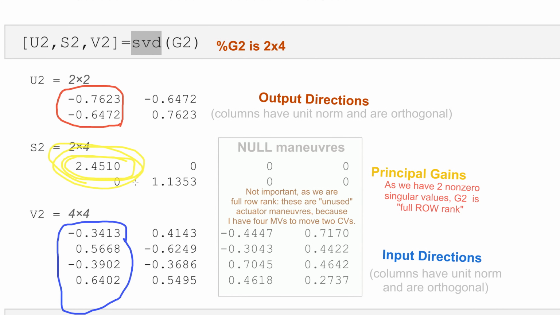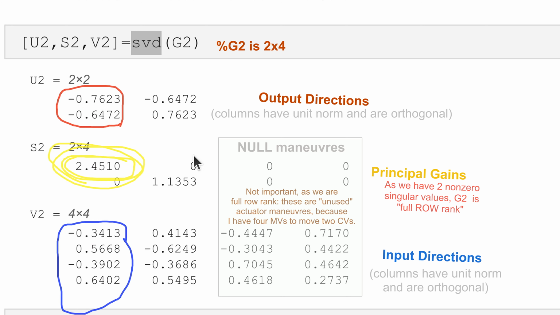It means that when I apply the manipulated variable input in the first column of this V2 matrix, I get an output in the direction of this column of U2, which is norm 1, but the output has norm 2.45.